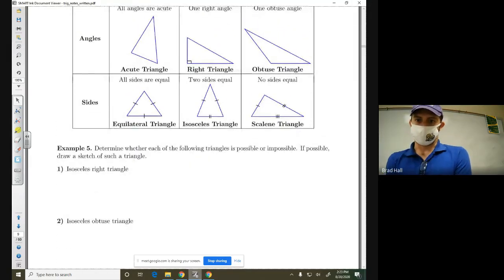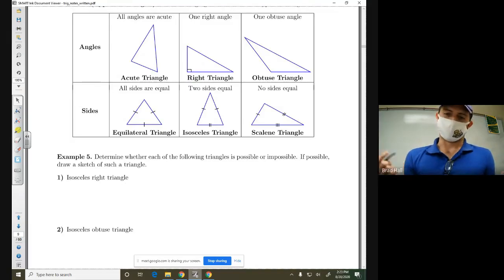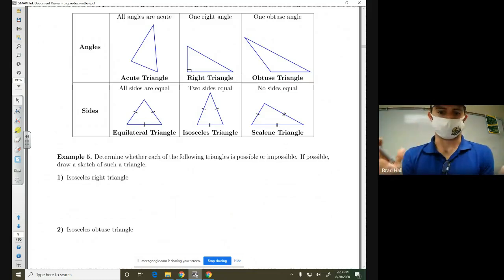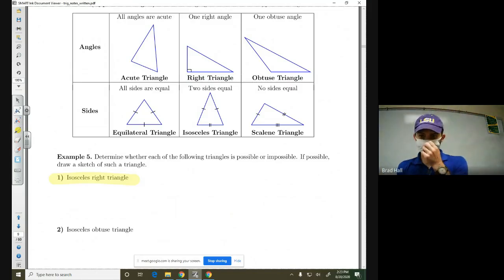So for example 5, let's just try to think if we can construct examples of the following descriptions and see if we can make any example of a triangle that fits those descriptions. We start off with an isosceles right triangle. So the question is, can we do that?